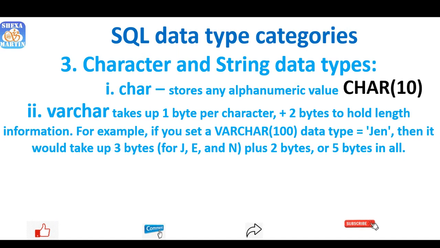So for example, if we declare this varchar 100 data type and put JEN as the actual value, what is the size of the value inserted in this column? The size will be 5 bytes. Why? Because we have 3 characters, each taking 1 byte, so 3 bytes plus the 2 bytes used for length information.